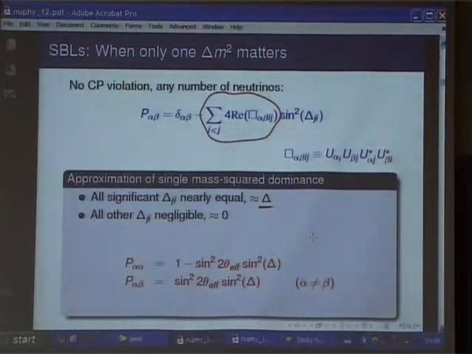I haven't shown them to be the same, but actually they should be different. In principle they can be different.